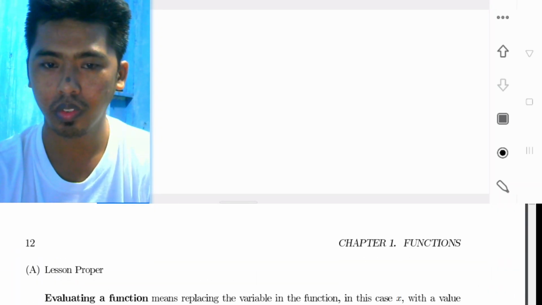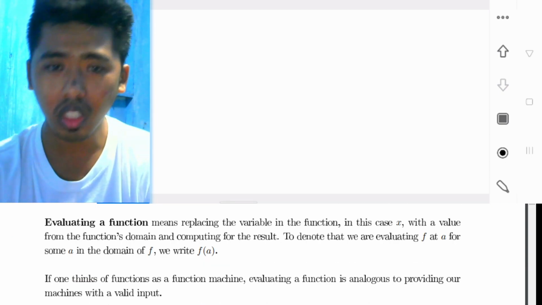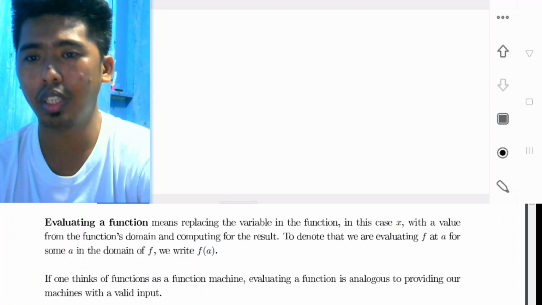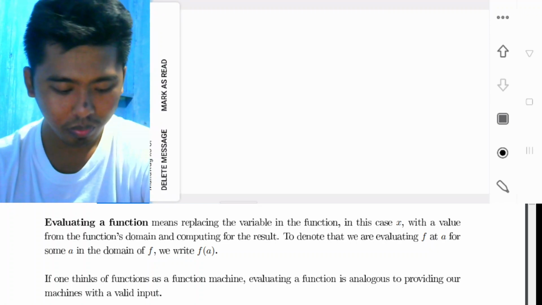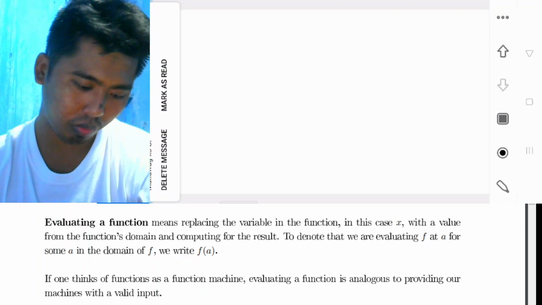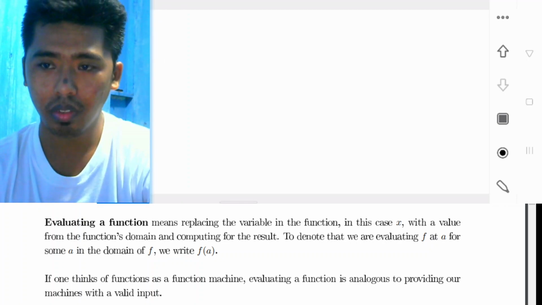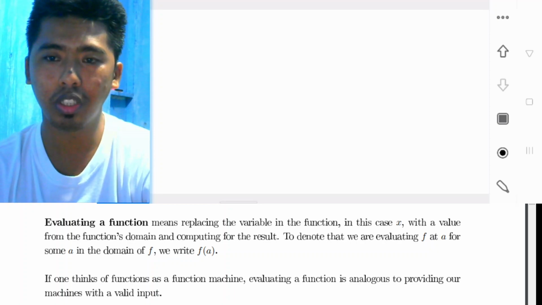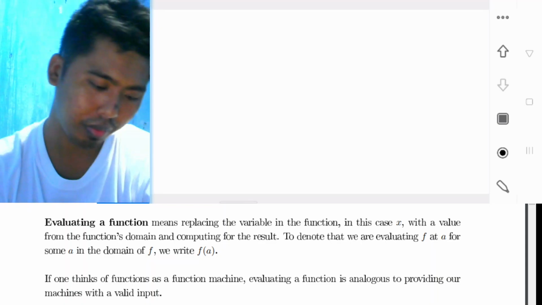Okay, so let's try to read this one first. Evaluating a function means replacing the variable in a function, in this case the x, with a value from the function's domain and computing for the result.